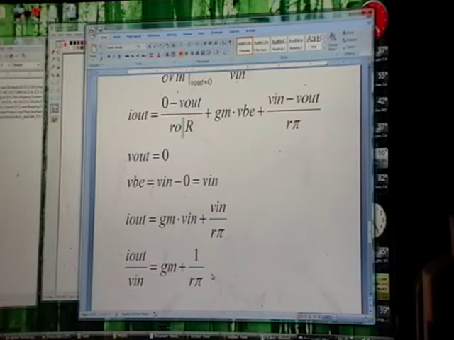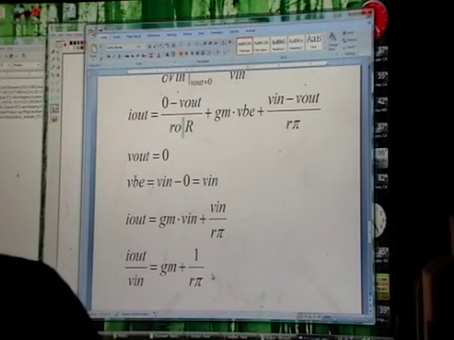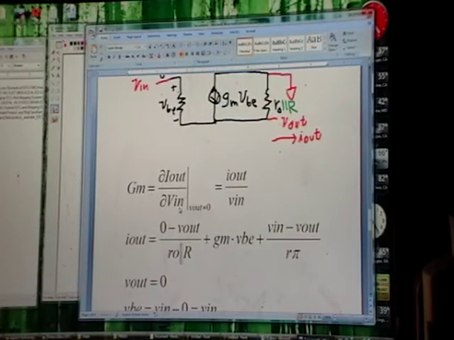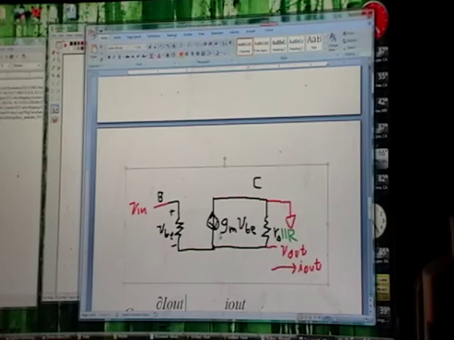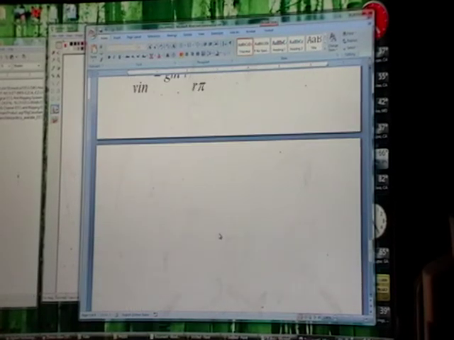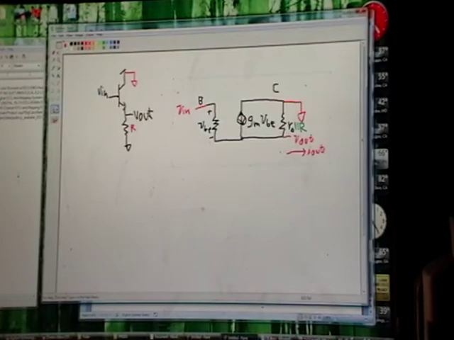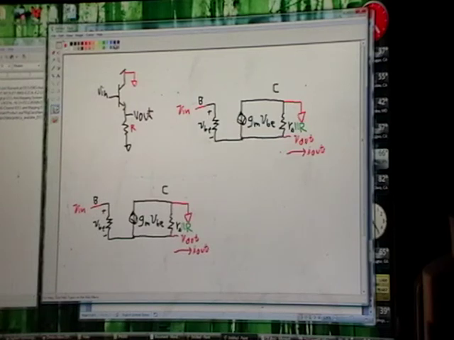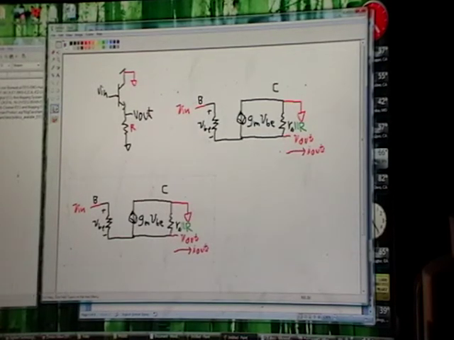Alright, so that's your GM. Remember, gain is GM times R out. So let's find R out now. Let's go back to Paint number 2. For GM, we set this equal to ground. Now we want to find R out.